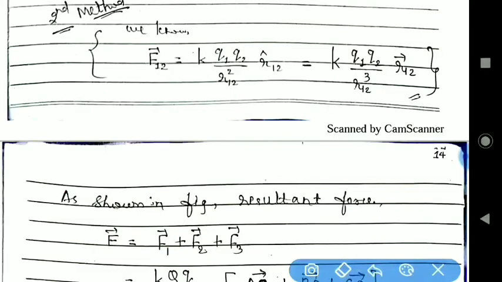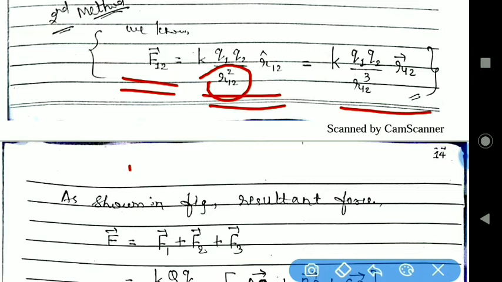Now let us see the second method to solve this example. Here we know that according to Coulomb's law, the force on 1 by 2 is given by this formula. Now here there is an r square, but in the next equation you can see it is r cube. How is this r cube obtained?